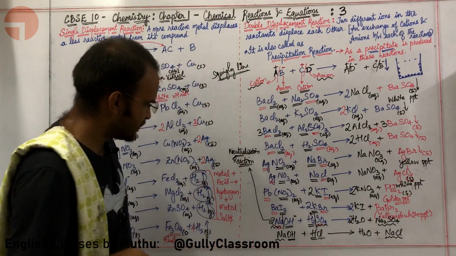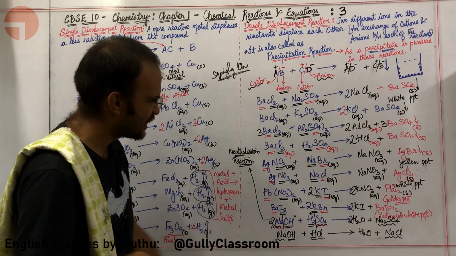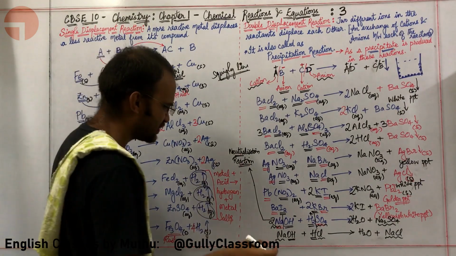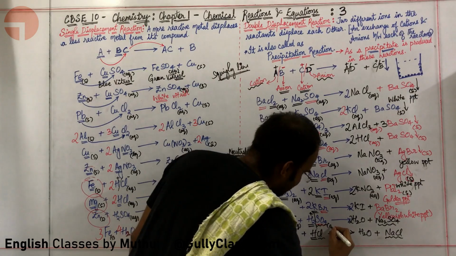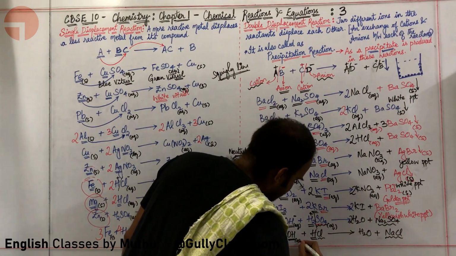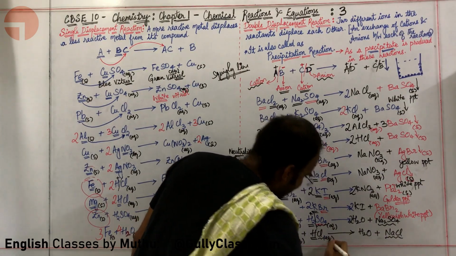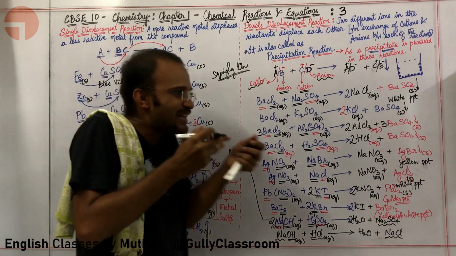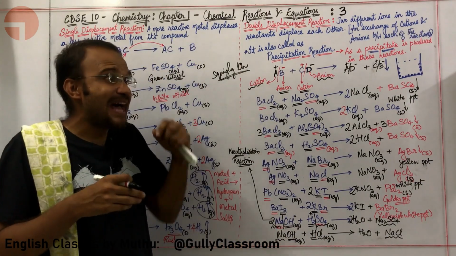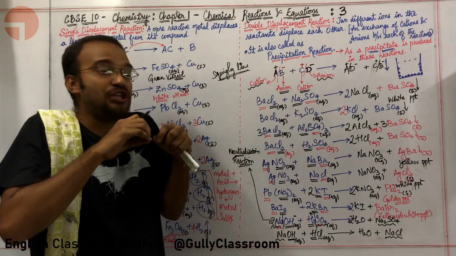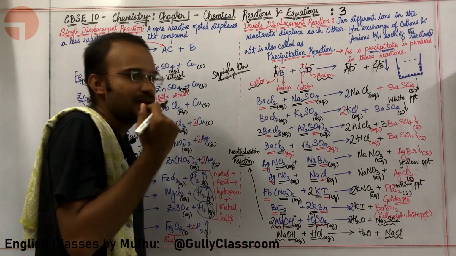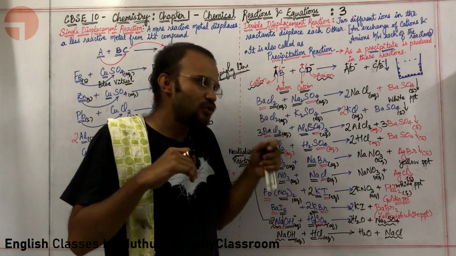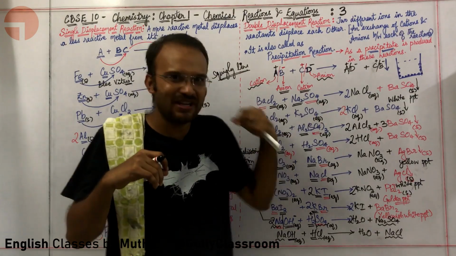Sir, what is the physical state in this neutralization reaction? It is obvious. Here this needs to be aqueous. Why do these reactants need to be aqueous? Reactants need to be aqueous because acid and base behave as acid and base only when the acid is able to dissociate and produce H plus ions in water, and the base is dissociating and furnishing OH minus ions in water.